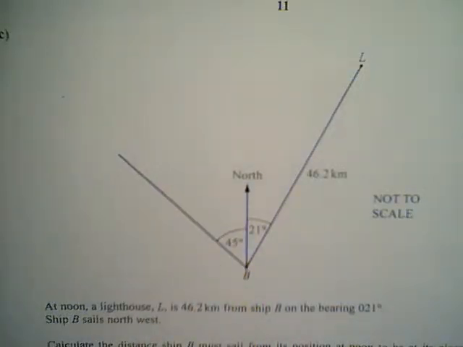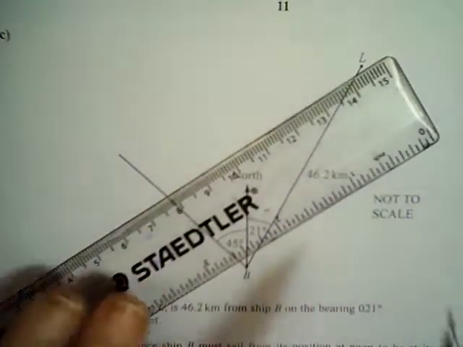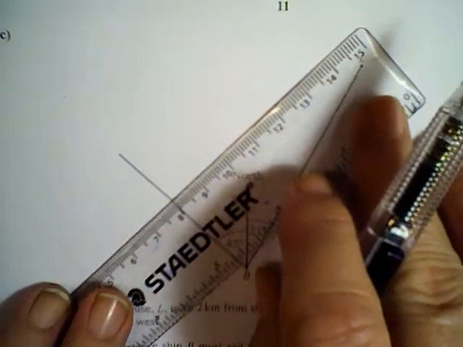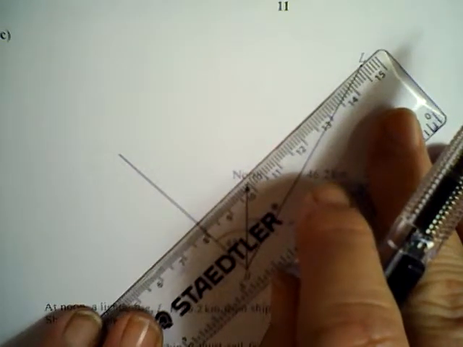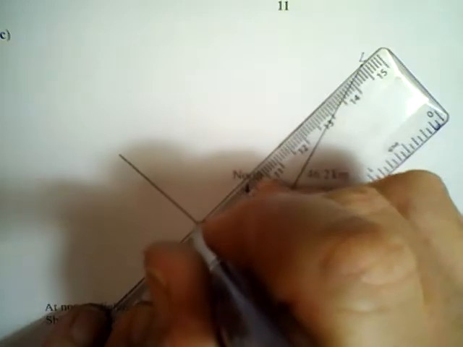So they ask us to calculate the distance ship B must sail from its position at noon to be at its closest distance to the lighthouse. So we know that the closest distance would be the perpendicular line. So perpendicular to L. There we go.